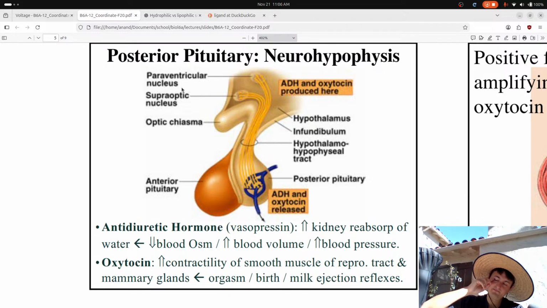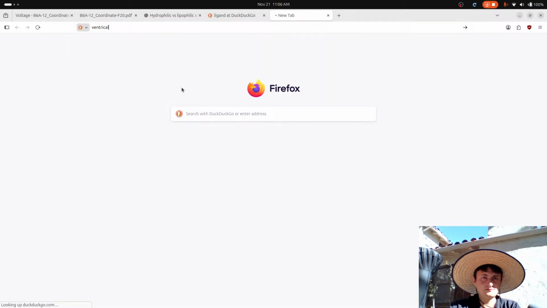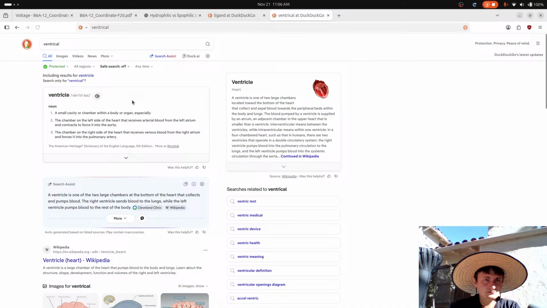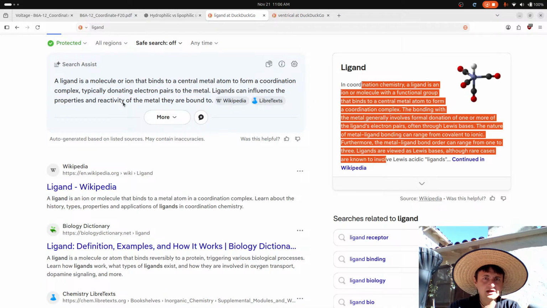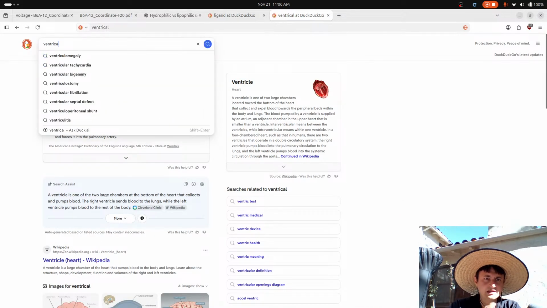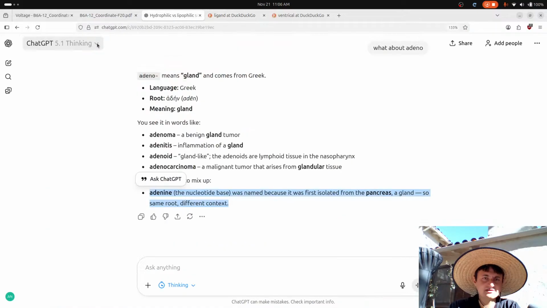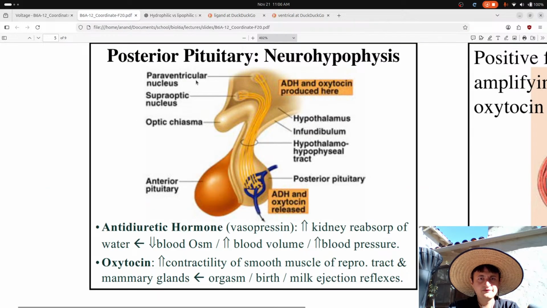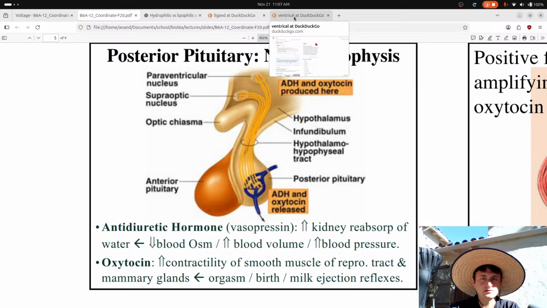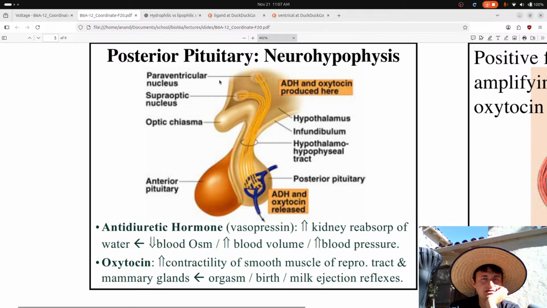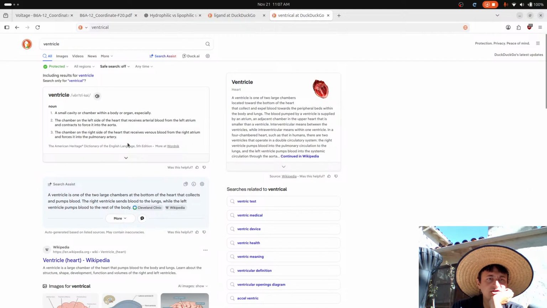So around the ventricle? Well, that doesn't make any sense. Maybe it means chamber.